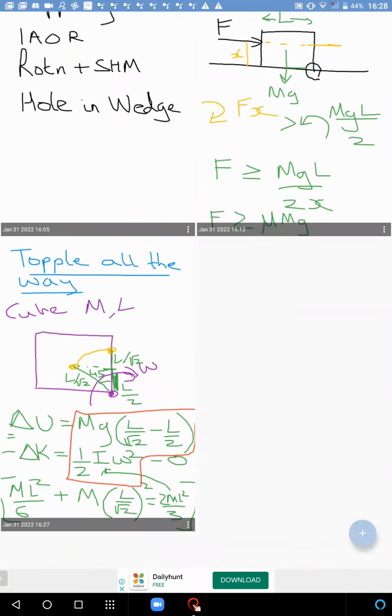All right, IAOR. तो एक तो IAOR locate करना, if that's your question, how do we locate the IAOR? तो बहुत simple होता है. Like for instance, take the classic question.